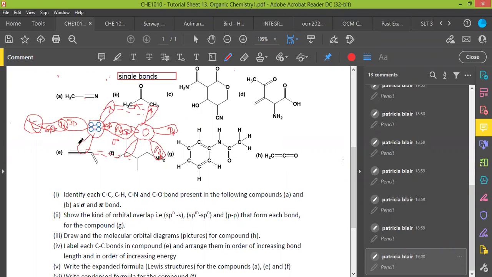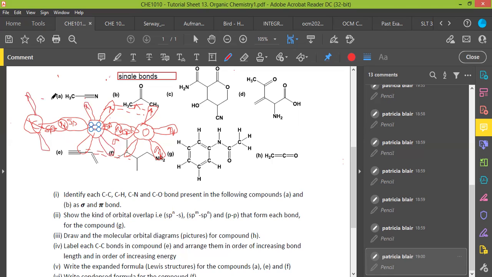So as that one is in plane, you have to show another p orbital. So you put it at that angle, coming down and coming out like that. So it goes like that. This is the angle with which you also show your orbitals there. So try to draw your orbitals a bit better than this, like that. So there is an electron there, and there is an electron there.